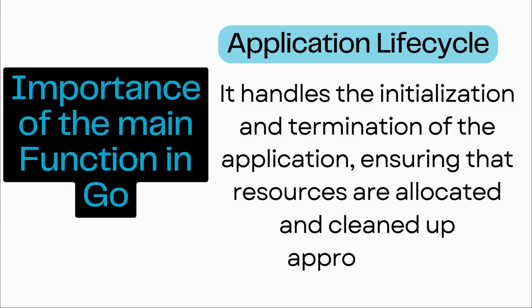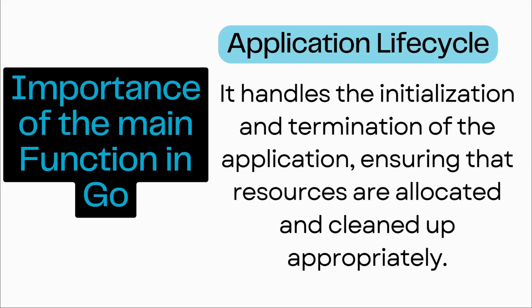We do have some other reasons, like application lifecycle. It handles the initialization and termination of the application, as we have discussed. So it is the entry point and even the exit point. And one more thing, it will even ensure that the allocated resources are cleaned up appropriately, as we have automatic garbage collection in Go.